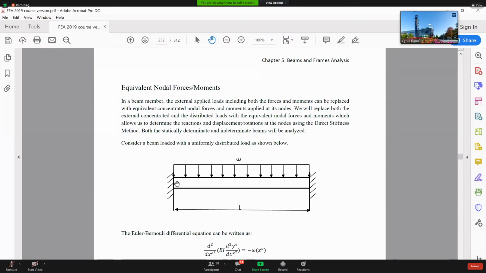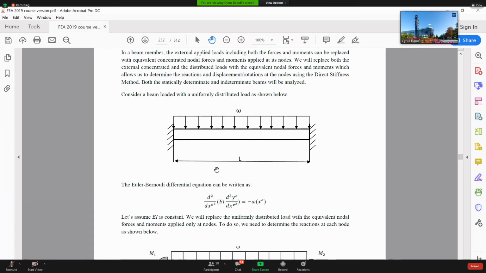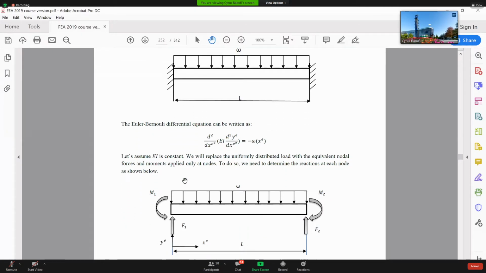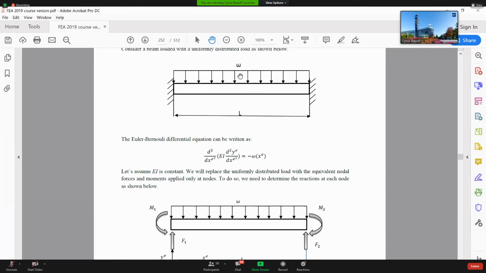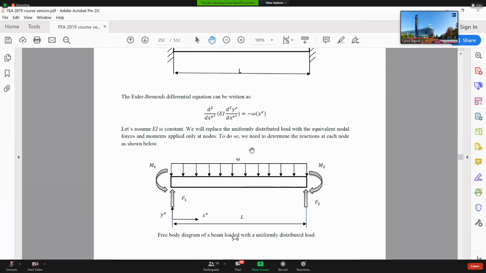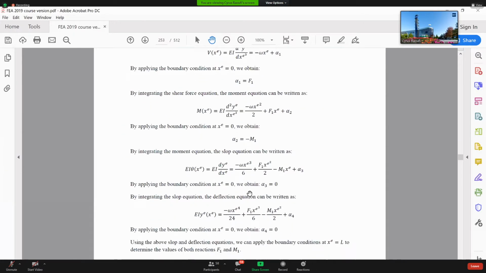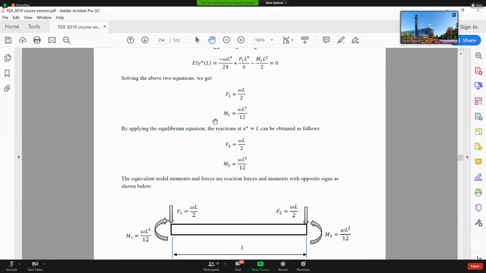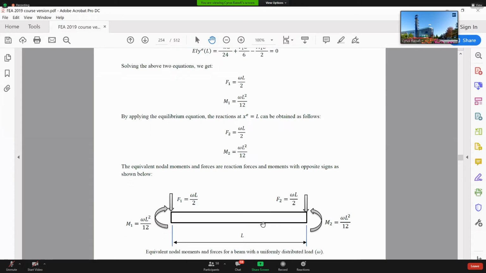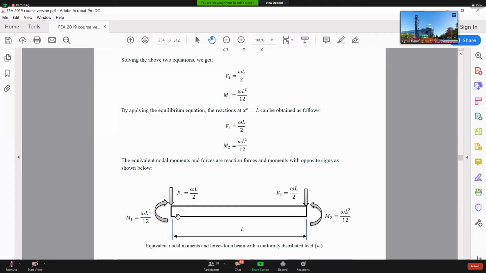In order to find the magnitude and the direction of those nodal forces and moment, you need to go back to the beam theory. What I did in the textbook, you can see I prove, for this particular load distribution, how you can find the magnitude of those nodal forces and moment. The proof is there if you are interested. Then a step-by-step approach shows how you can reach the point that instead of that beam, now I have this beam.